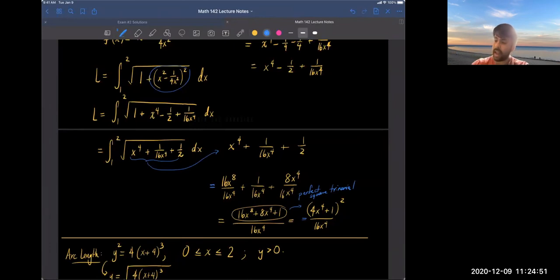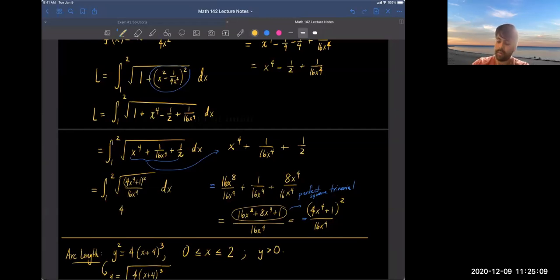And then I can replace this as the integral from 1 to 2 of the square root of 4x to the fourth plus 1, squared, divided by 16x to the fourth dx. But then I take the square root of the numerator and denominator.